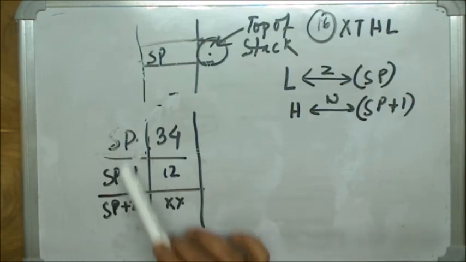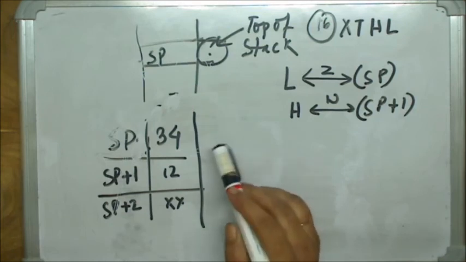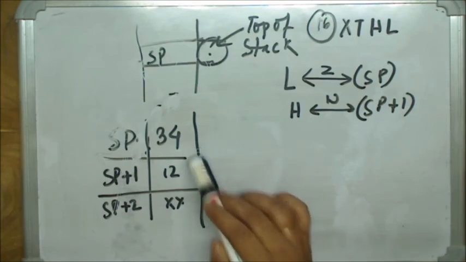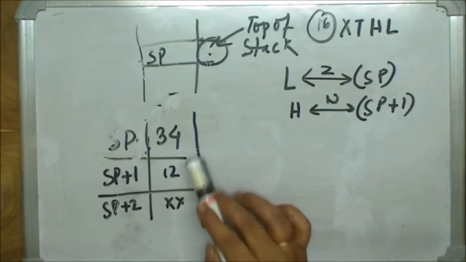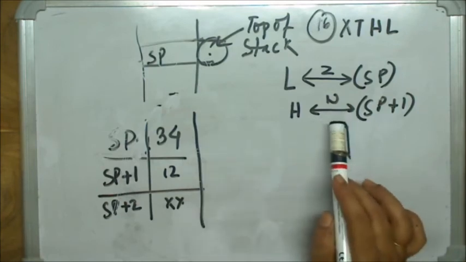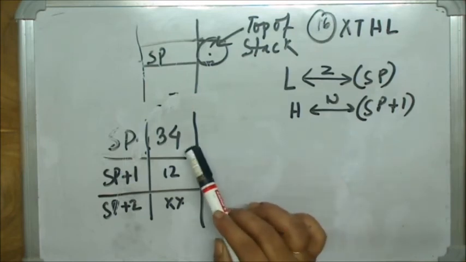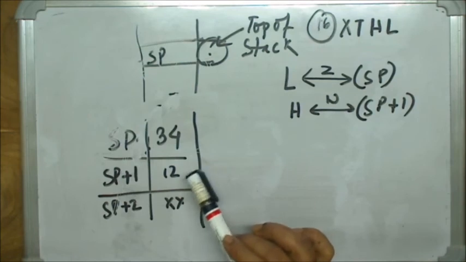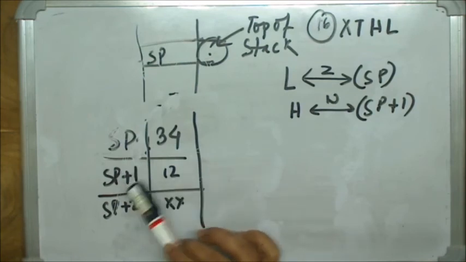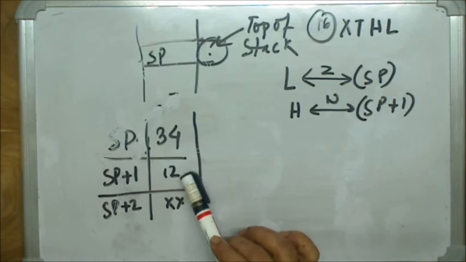This is your memory. 34H is 8-bit data, and 12H is another 8-bit data. So together 1234H makes a 16-bit data. So the HL pair will be exchanged with the data stored in the memory locations pointed to by SP and SP plus 1. SP plus 1 is the next address of the stack pointer. 34 is the topmost element, and the next data is 12.